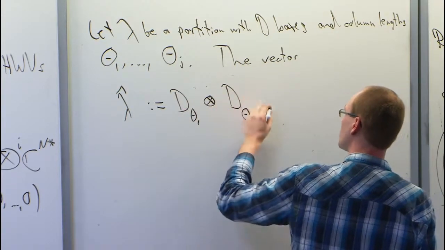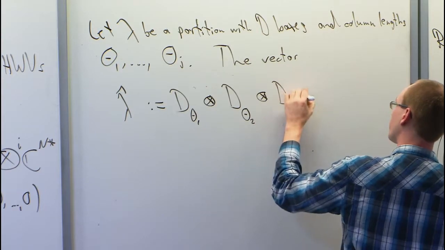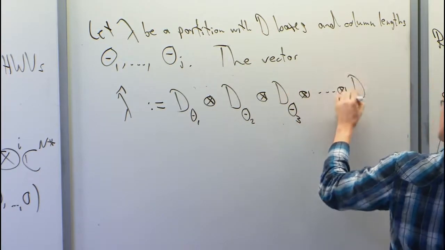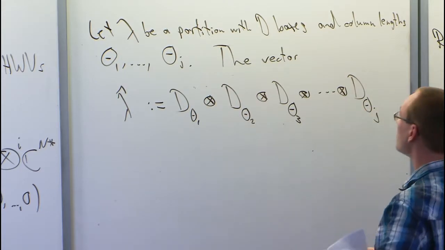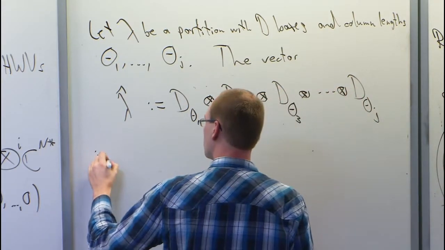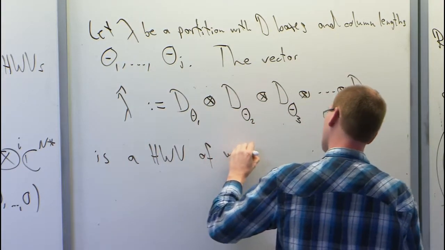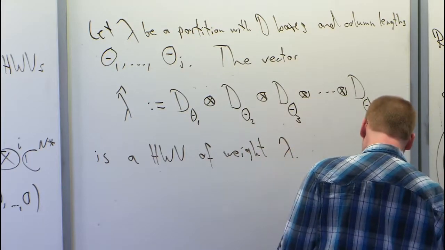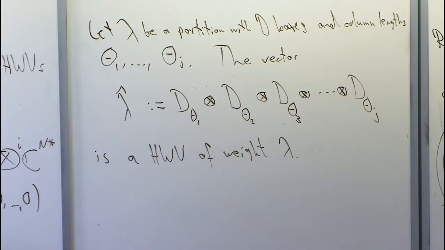You take every column, contract, and tensor them up. This vector is a highest weight vector of weight lambda. The proof is the same as for the single highest weight vector.